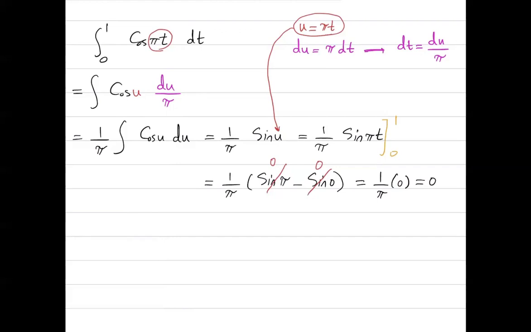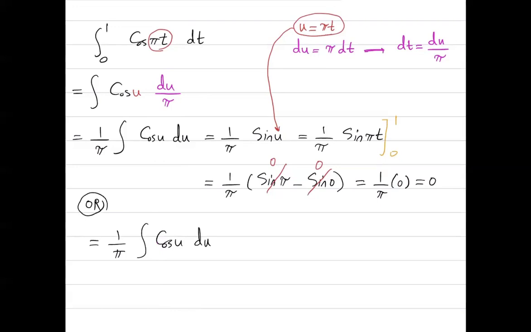So again, if you decide to keep this as u, you need to change the boundary. If you write it as 1 over pi integral of cosine u du, what is the lower bound? What is the upper bound?